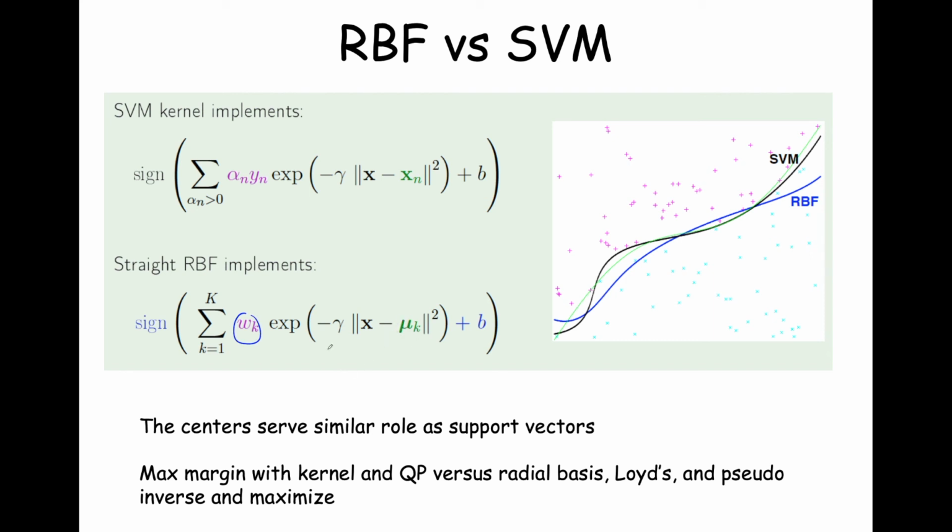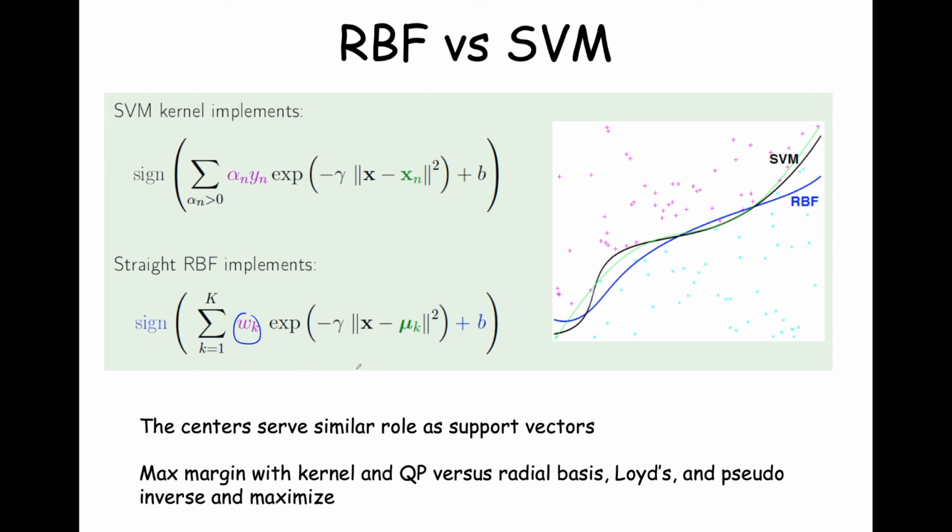And of course, we solve for our W's through pseudo-inverse, and then we alternate to get our gammas, keeping our centers fixed as a result of the first round of this Lloyd's algorithm. And once we do that, we take our final best hypothesis and input that into the sign function.